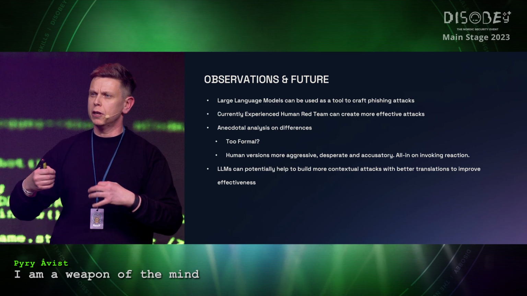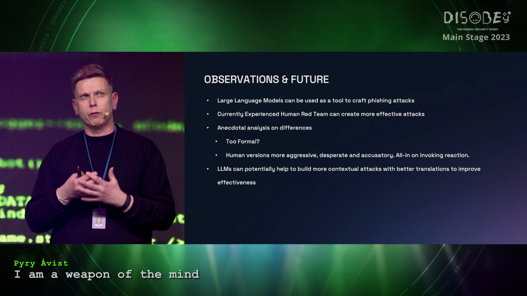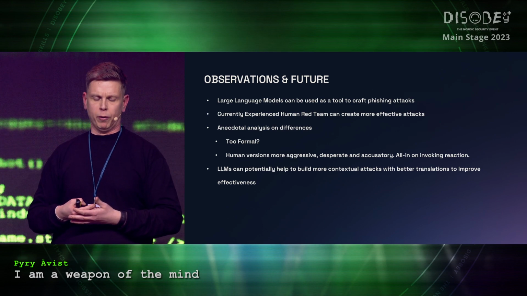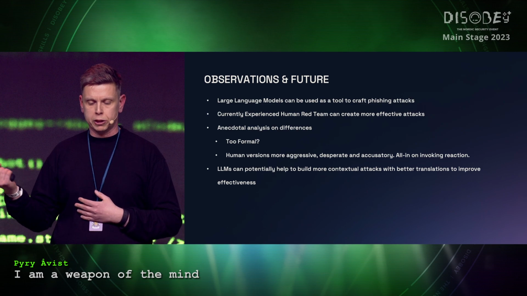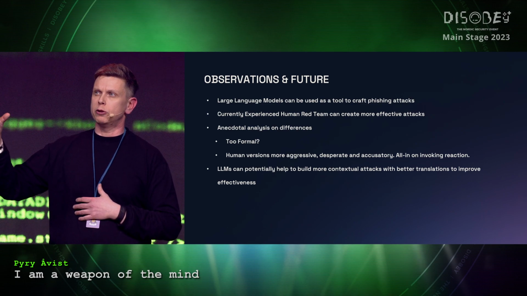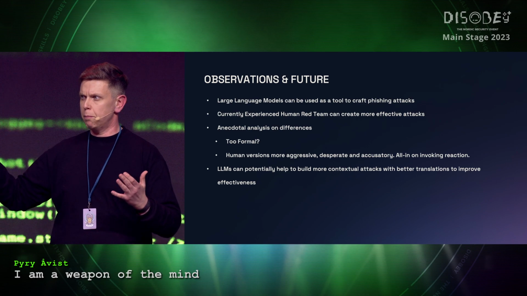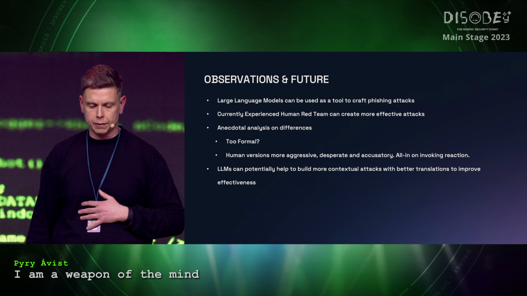You can easily spot from the language translation or the context that you don't have the nuances there, that this is not a real text message from the police, or a bank. So these tools can potentially give you a way to turn very broken English into a very good, let's say, Polish or Finnish, and get a much more effective attack.